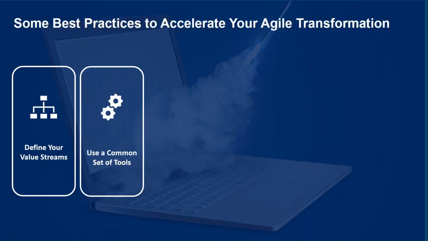Using a common set of tools is another best practice. So making sure all your teams and your team of teams are using a common set of tools to make sure the work is flowing properly across it. And most importantly, to make sure everyone has visibility to what's going on, right from your management level.